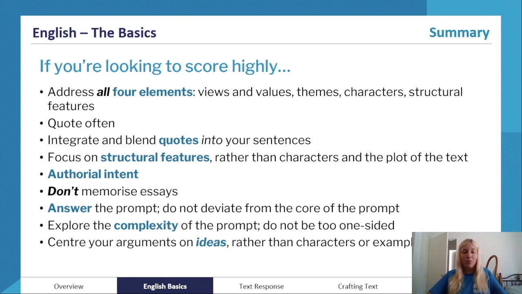So answering prompts, planning for prompts, prompt breakdowns are really important tasks in English as well, especially this early in the year. Have a counter argument to your opinion for a prompt. Don't just be one-sided, and focus your arguments on ideas rather than characters or examples.